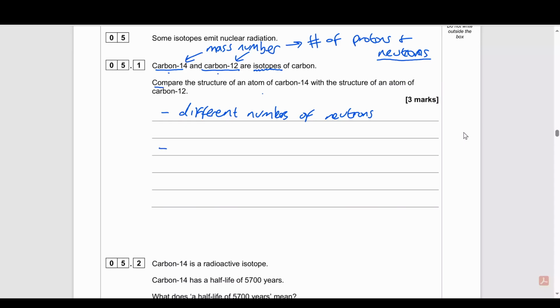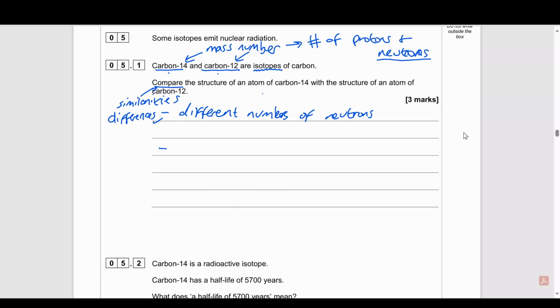So remember that we're comparing, and the command word compare means to give similarities and to give differences. So think about what we've done already. We've given a difference. They have different numbers of neutrons. Carbon-14 would then actually have 2 more neutrons compared to carbon-12. We could state that if we wanted to.